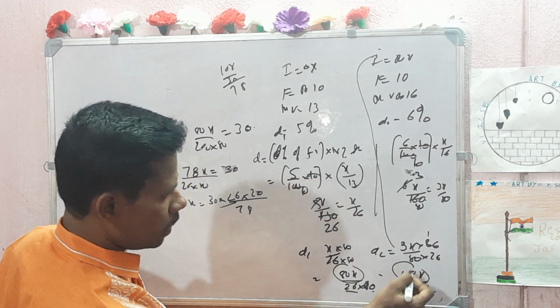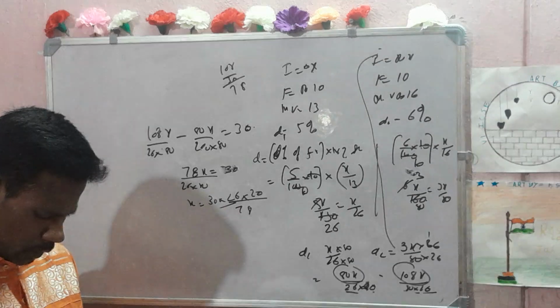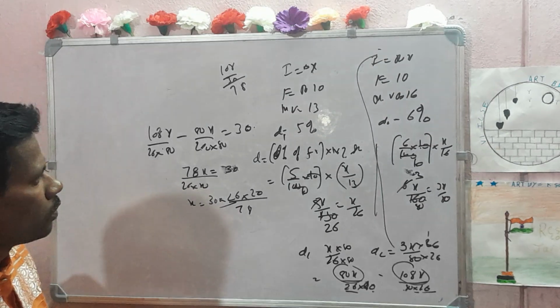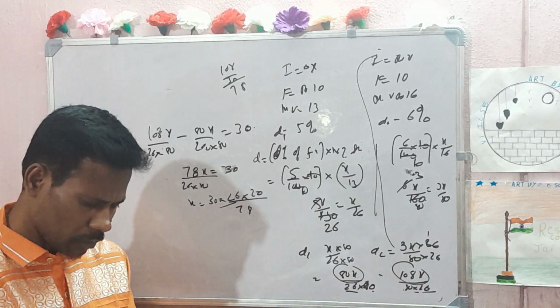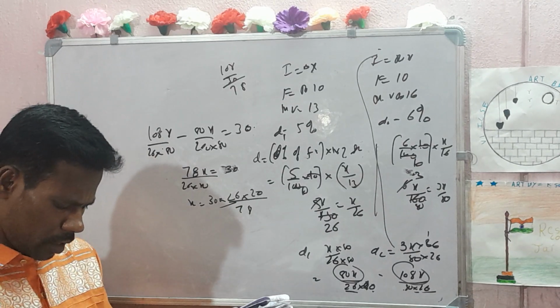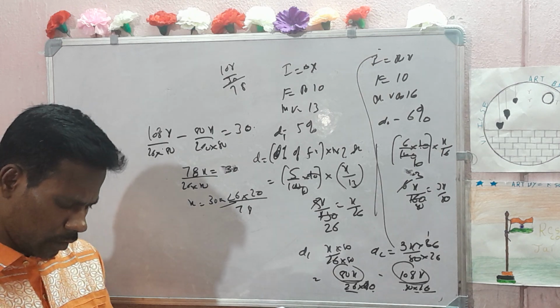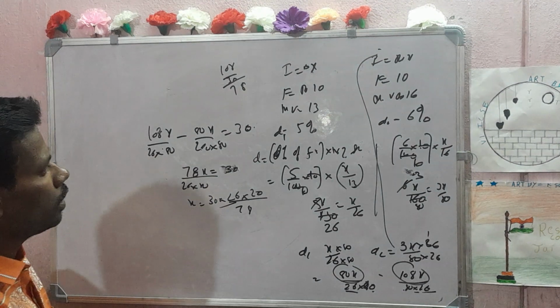Here I got the answer 3x by 80, right? But what is he asking here? Find how much in all does he invest in both the shares. Here 80.